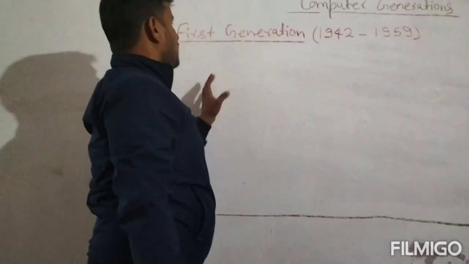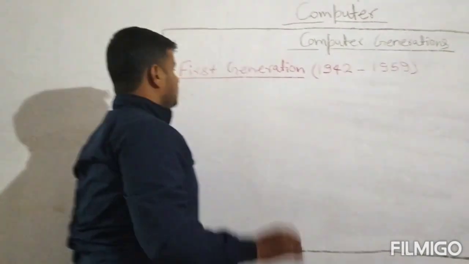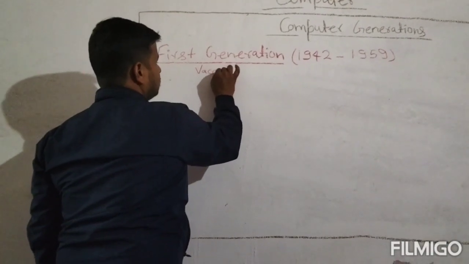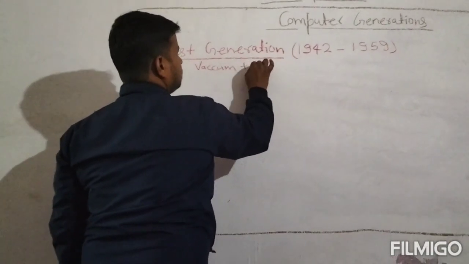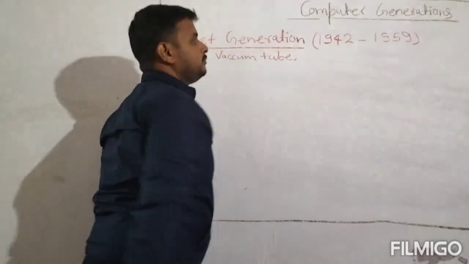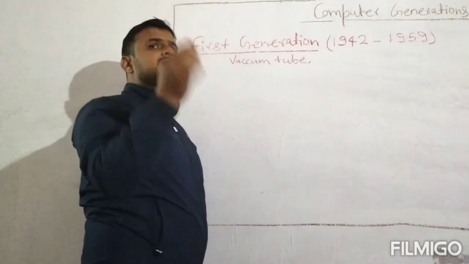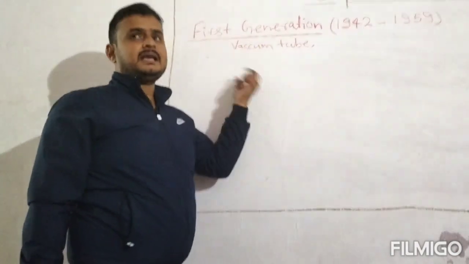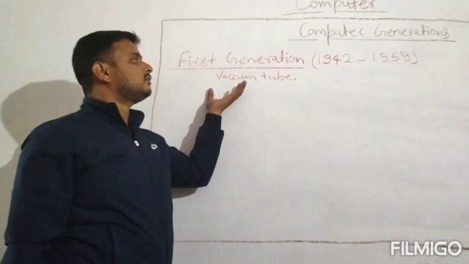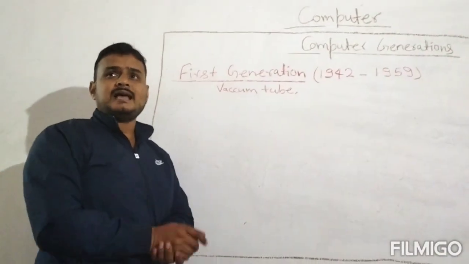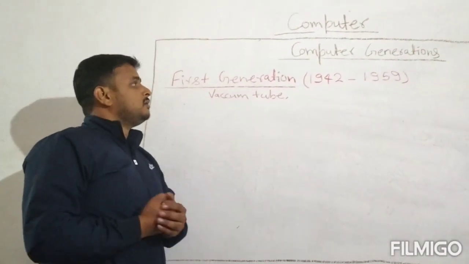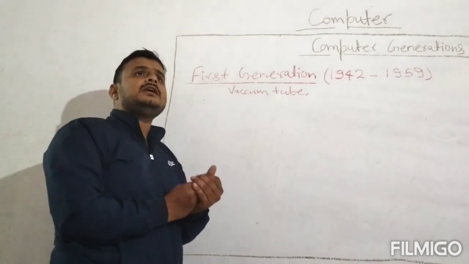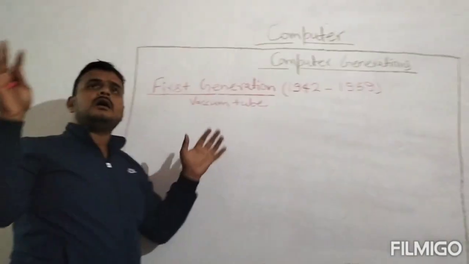In first generation computers we used vacuum tubes. The first generation computers had machine language, and they were very huge in size and highly expensive, because the size of the computer was about a room.